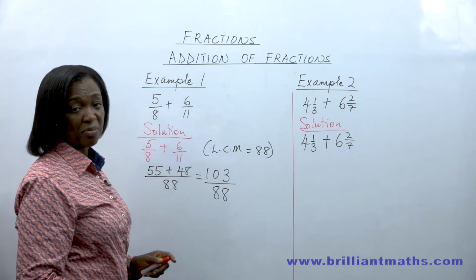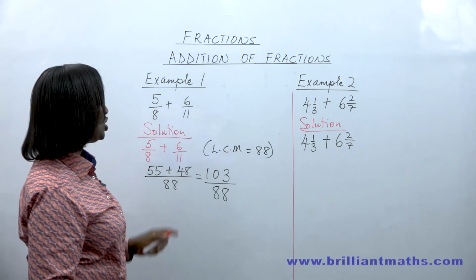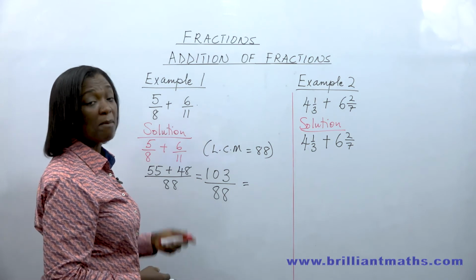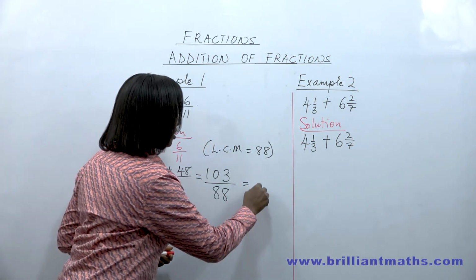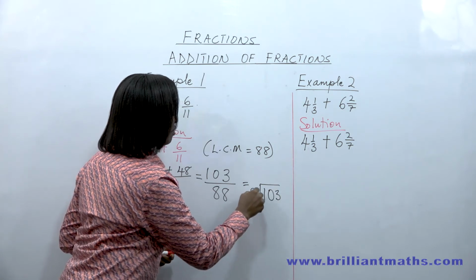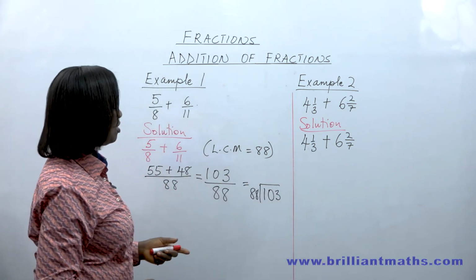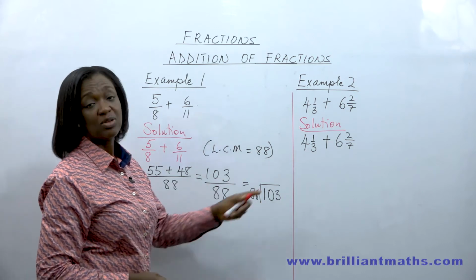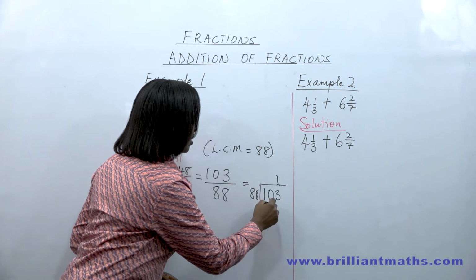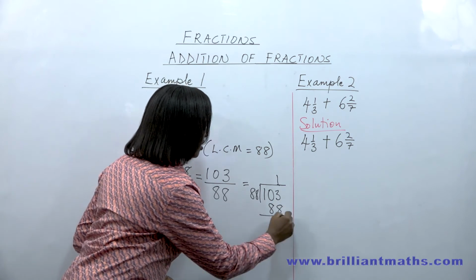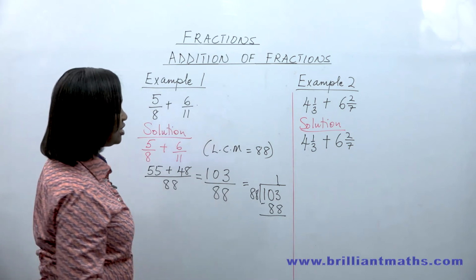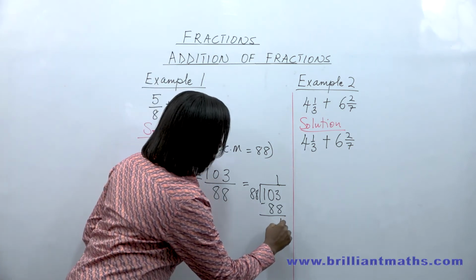This is an improper fraction, so we need to change it to a mixed number. How do we change that to a mixed number? By dividing 103 by 88. How many 88s would you get in 103? It's just one. So we subtract. 13 minus 8 is 5.